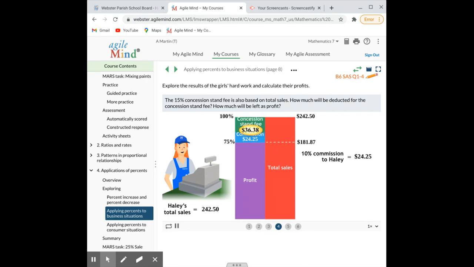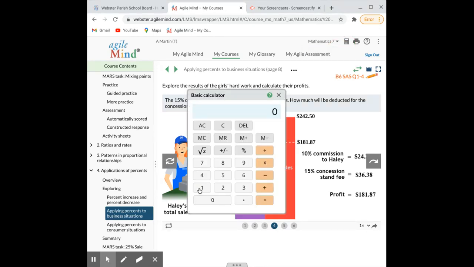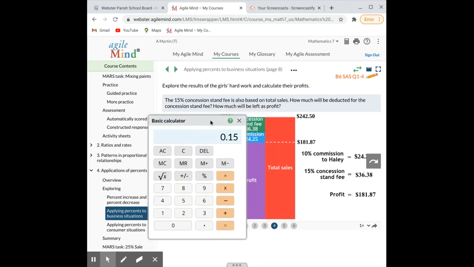So looking at this, they're showing us that the concession stand fee was $36.38 because it was 15% of the actual beginning. So what I want us to do is look at the calculator and get 15% of the original. When I say of, I want you to think I need to multiply. Unless we say out of. If we say out of something, that's kind of going to be like a key to divide.